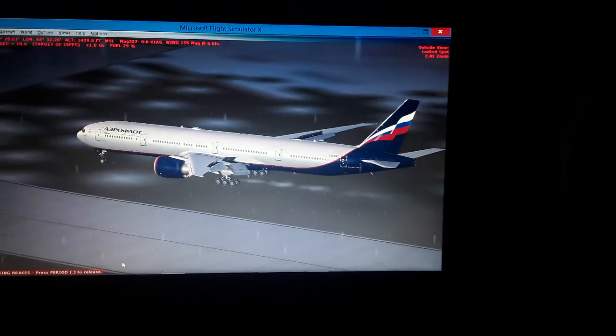You can mainly climb like this or descend, and also make turns, left turn, right turn. You can see how fast the flight control moves using my side stick movement. Also the thrust levers, and the horizontal trim stabilizer, hold neutral like this. So you can control the flight path of the aircraft in flight.